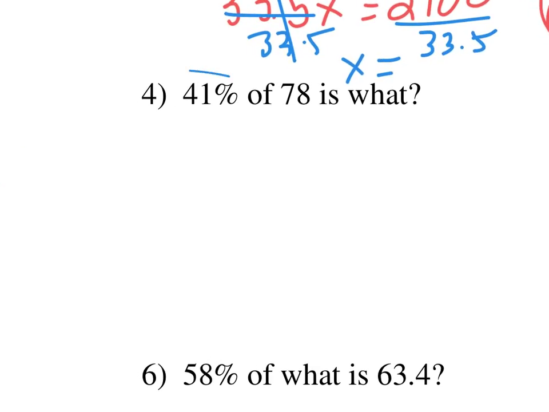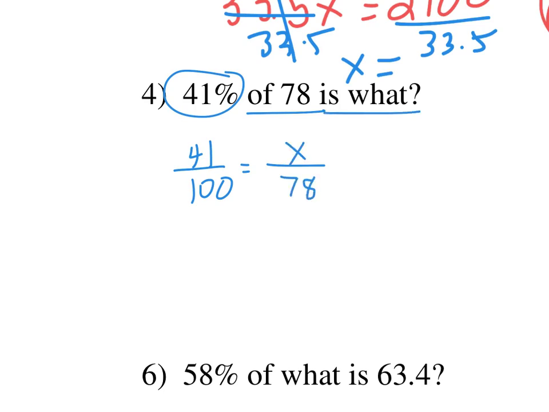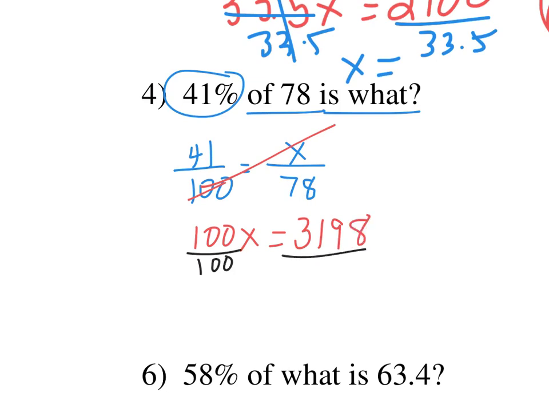Ooh, okay, now this time it tells us what the percent is. So that's going to be 41 over 100. Of 78, of goes on the bottom, is what? I don't know. So now we go, 100x equals 41 times 78, 3,198, divide by 100, divide by 100, 1x equals 31.98, round to the nearest tenth.